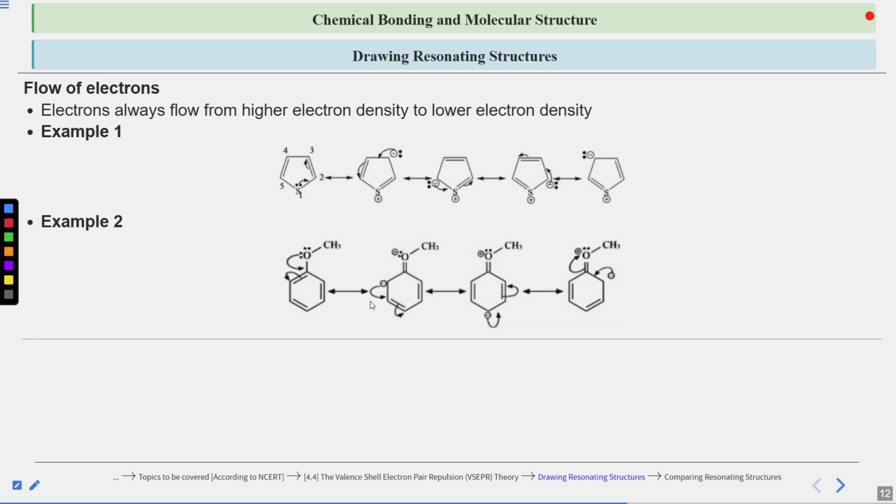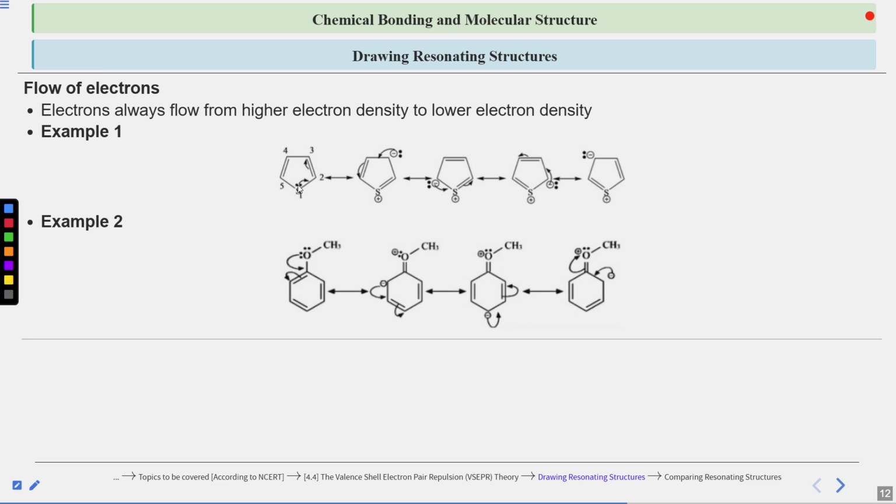So remember this point always. If you have an odd number of members in the cyclic chain and your electron is starting from the cycle itself, not from the outside, like in this case, suppose your sulfur is a part of the cycle and the electron pair is also present here, then the number of resonating structures will equal the number of participants of that ring.